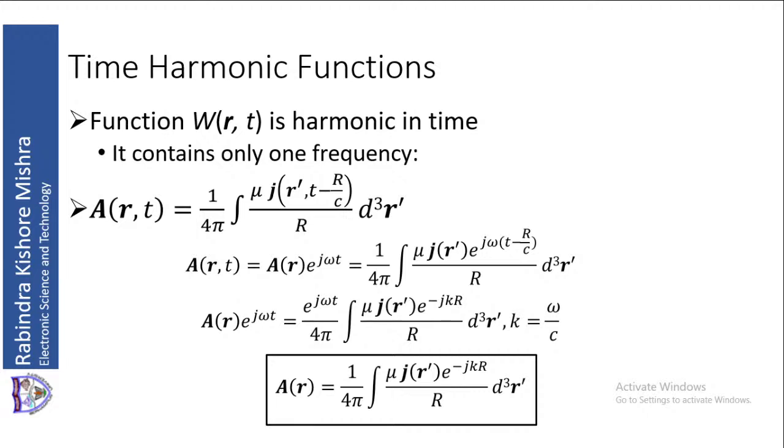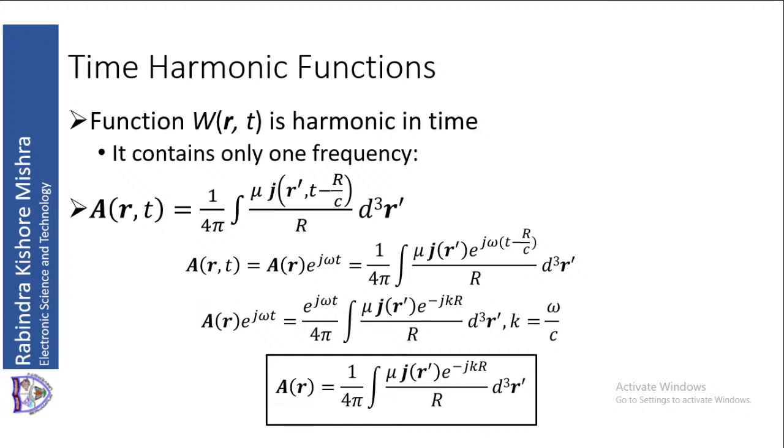If we write in that manner, A(r,t) is equal to A(r) exponential j omega t. Since A(r,t) is a time harmonic function, you can separate it into spatial part and temporal part, and the temporal part variation is of the form exponential j omega t.